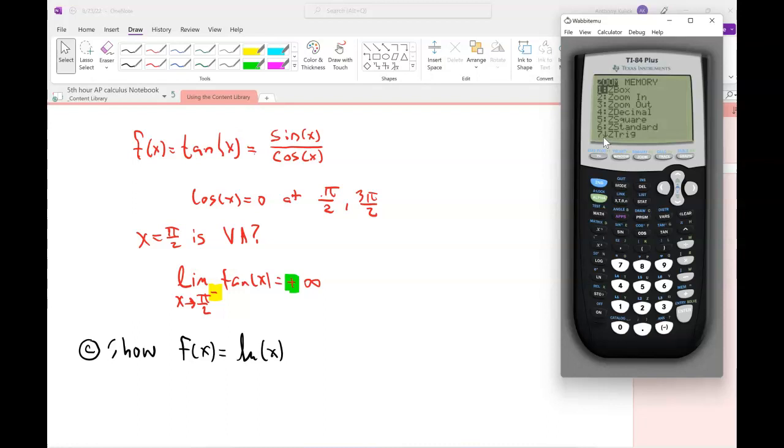So you said the top one is the left and the bottom is the right? So pi over 2 is here, correct? This would be the vertical line for pi over 2. The left side of pi over 2 is this part of the graph, and the right side of pi over 2 is that part of the graph.